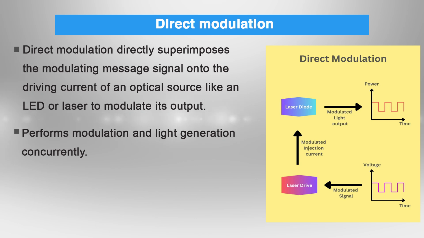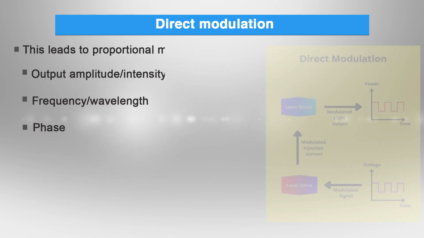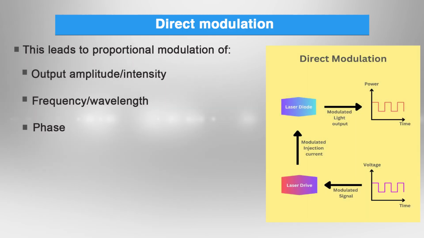It performs modulation and light generation concurrently. The optical source bias current is modulated directly by the message signal. This leads to the proportional modulation of output amplitude or intensity, frequency or wavelength, and phase.